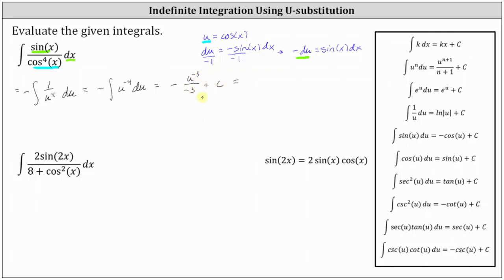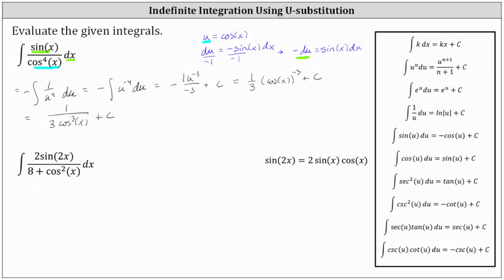Simplifying and writing in terms of x, we have positive 1/3, and u to the power of -3 is really cosine x raised to the power of -3 plus c. Let's write this using a positive exponent. This is equal to 1 divided by the product of 3 and the cube of cosine x, or cosine cubed x, plus c.